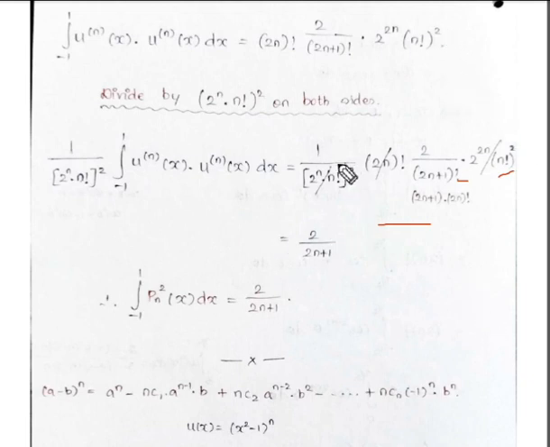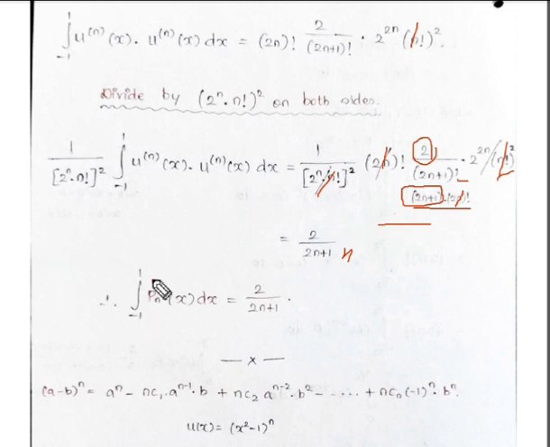Now this term cancels, and here see 2n plus 1 factorial. We can write 2n plus 1 factorial as 2n plus 1 into 2n factorial, so 2n factorial cancels. What is the balance value? The balance value is 2 by 2n plus 1. This is the balance sum.